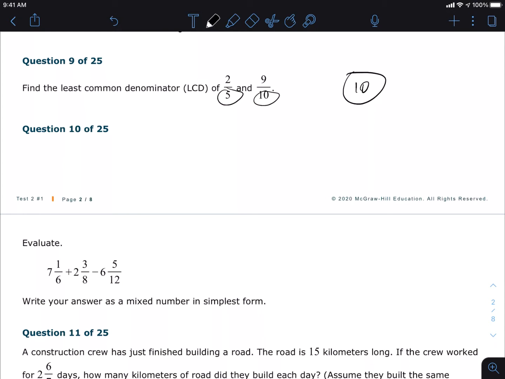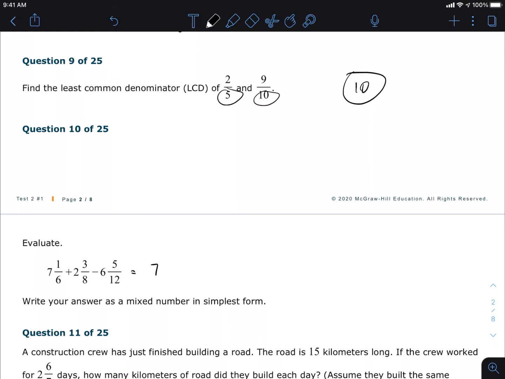So it's 6, 8, and 12. I think 24 is the common denominator. So before I do that though, I want to make it common denominators and then I'll change the mixed numbers into improper fractions.